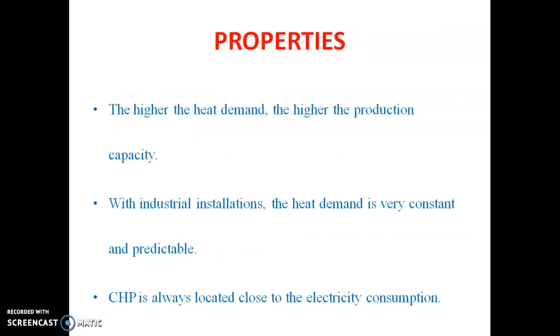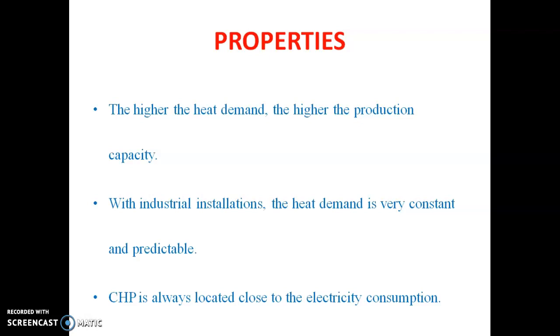These are some of the properties. The production capacity of a CHP unit depends directly on the heat demand. The higher the heat demand, the higher the production capacity. The heat is produced as a byproduct of electricity production, so heat demand sets the minimum limit to the electricity production.